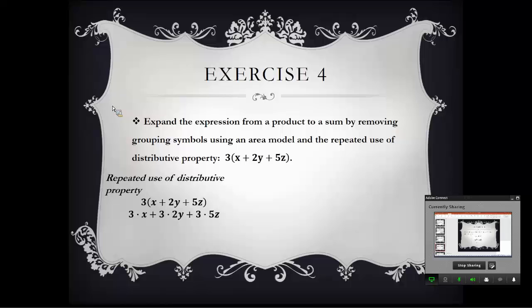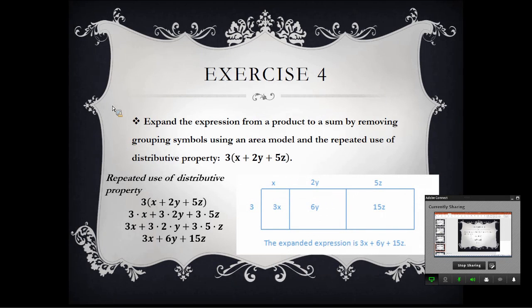Distribute the 3 to each item. So 3 times x, 3 times 2y, and 3 times 5z. We begin the process of multiplying. We get 3x, we get 6y, we get 15z, and that's our final solution for this expression.